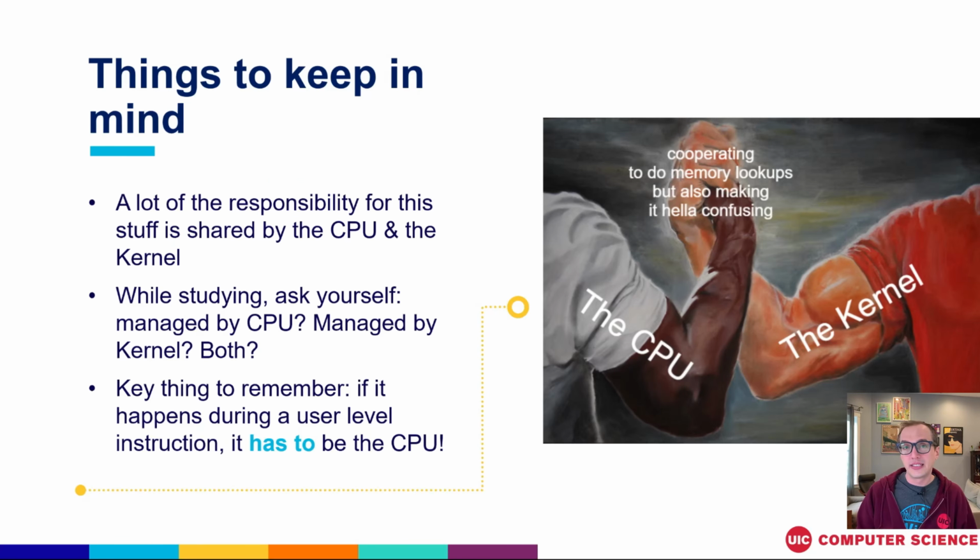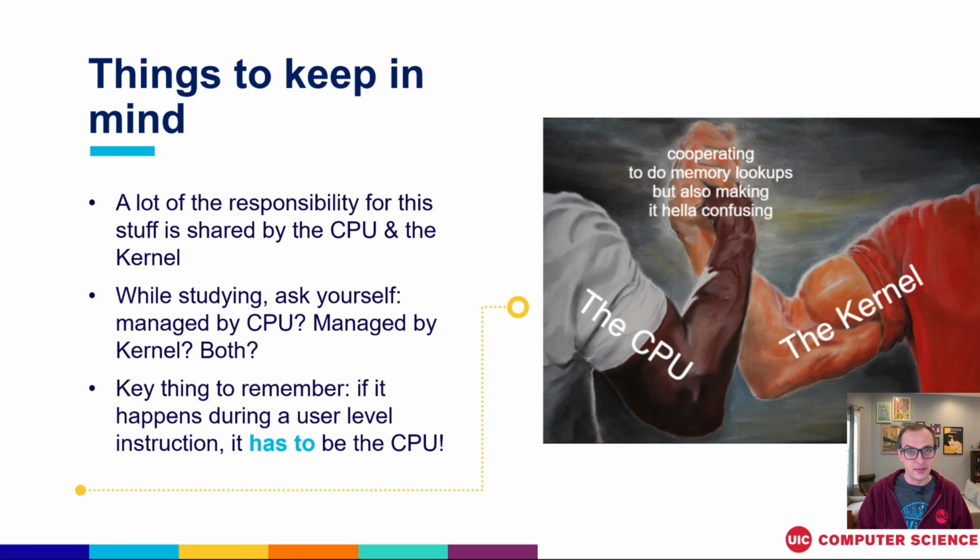So first, a few things to keep in mind. Basically about this entire chapter is that memory translation is something that is done in cooperation between the CPU and the operating system. The CPU, with the help of the memory management unit, is going to be translating these virtual memory addresses into physical memory addresses for every single load, every single store. But it can't do that alone.